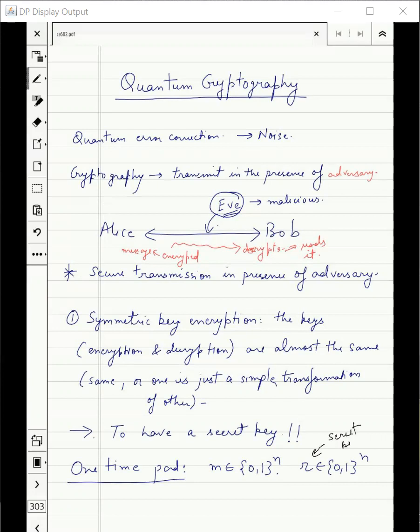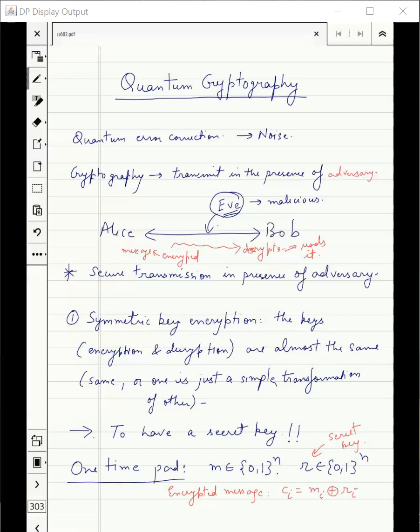In this case, their key is exactly the same. And then what will be the encrypted message? What will be your guess? M XOR R. Right. It's simply the encrypted message, let's say codeword C, the ith bit is going to be Mi XOR Ri.